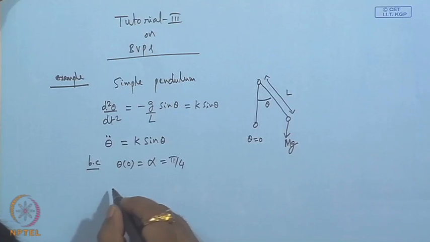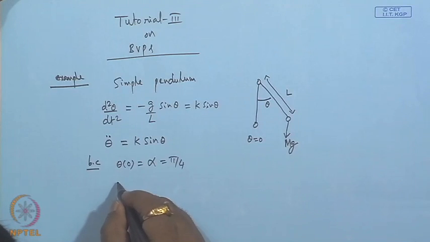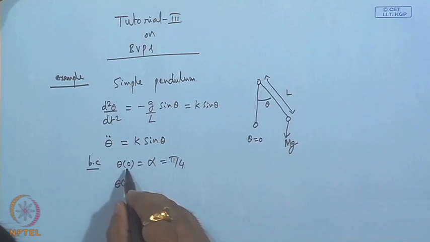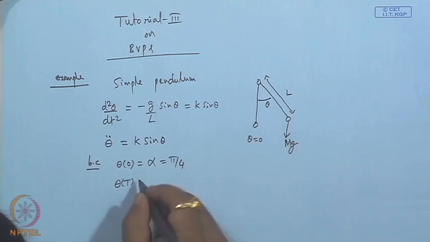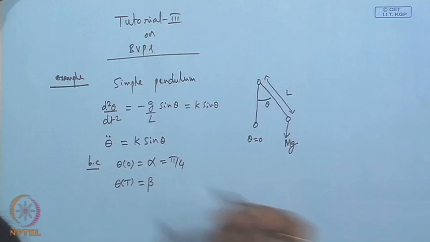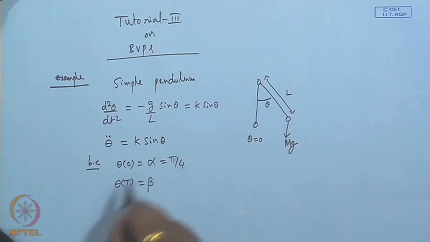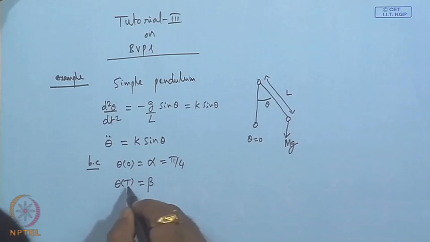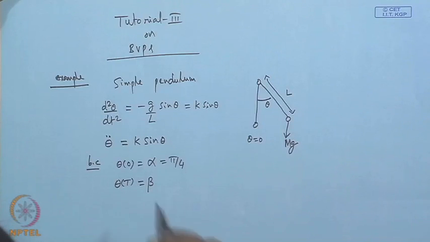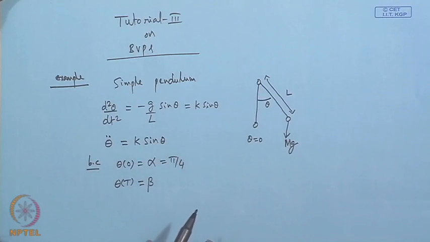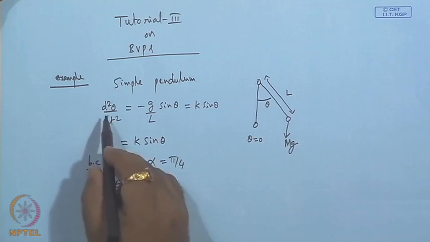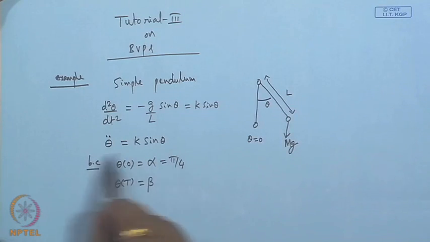At time t equals 0, let us say we have released it at an angle. Then at some other time b, theta must be beta. So, this can be defined as a boundary value problem.